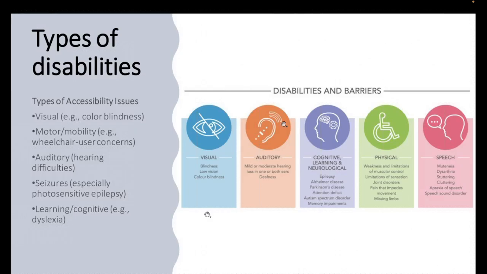Auditory: you're not able to hear well, understand well, or react so fast. Physical disabilities and speech disabilities. Some people have dyslexia, stuttering, cluttering, speech sound disorder. That's important to know for us.